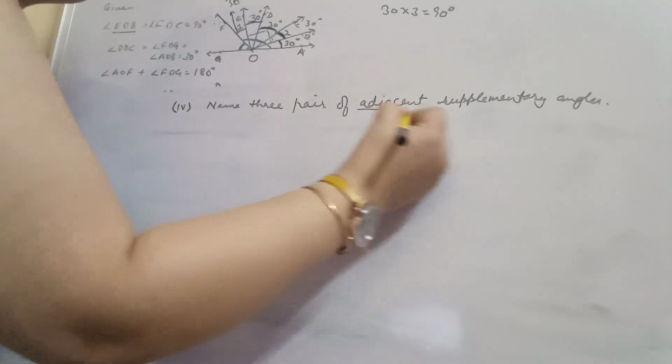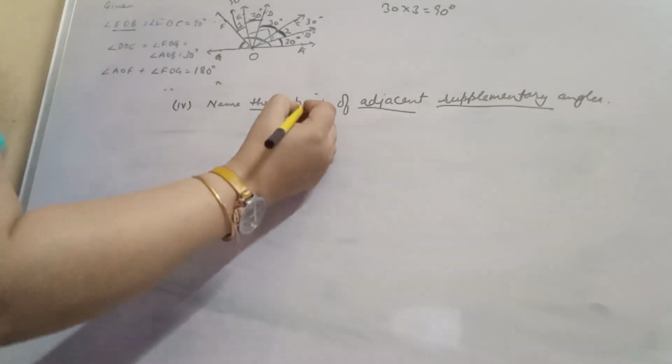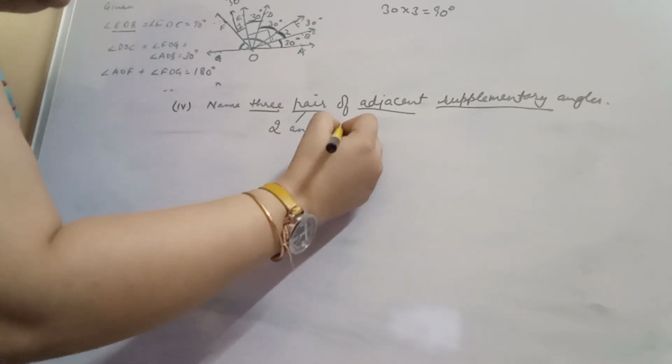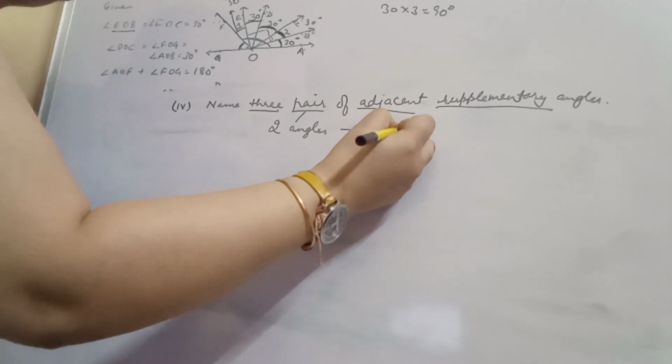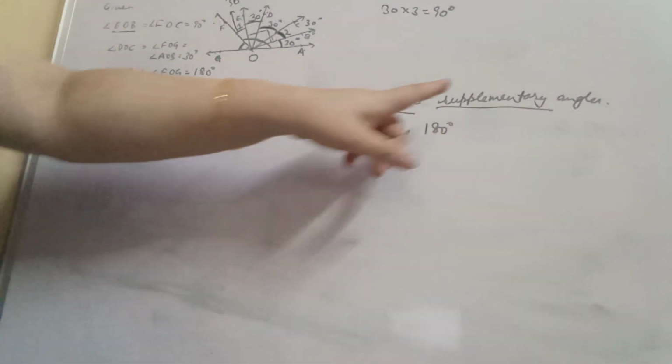So again the word adjacent, supplementary and 3 pair. Again pair means there should be 2 angles whose sum is 180 degree. Supplementary means 180 degree.